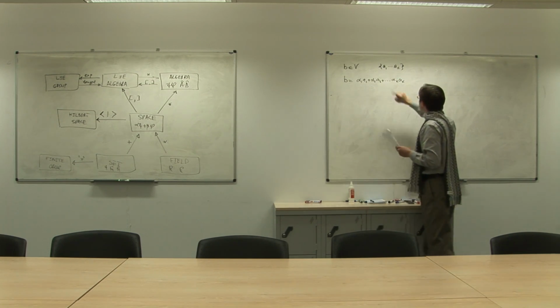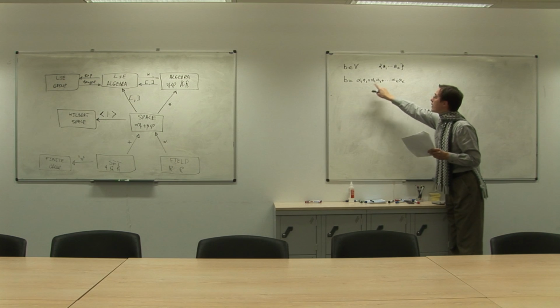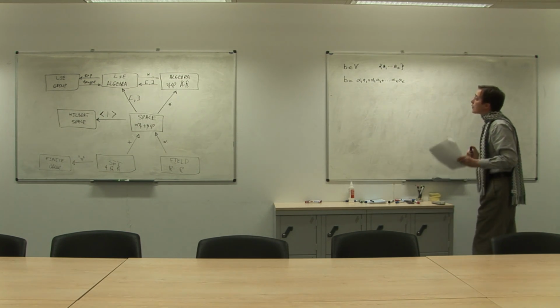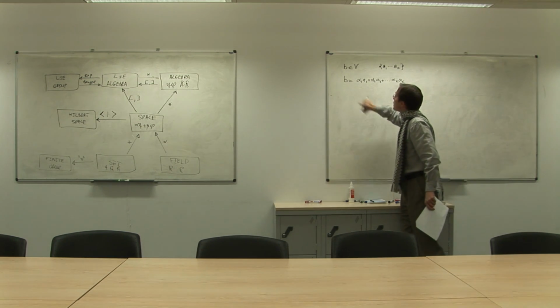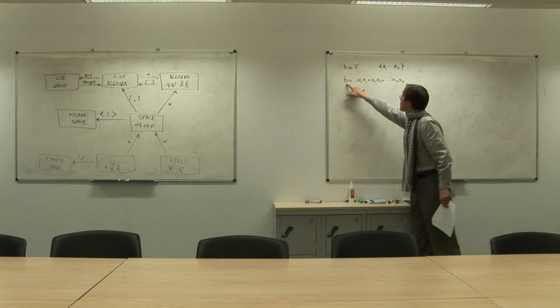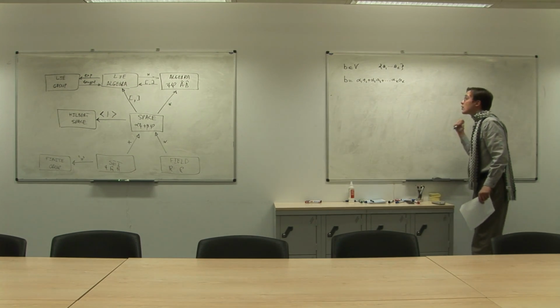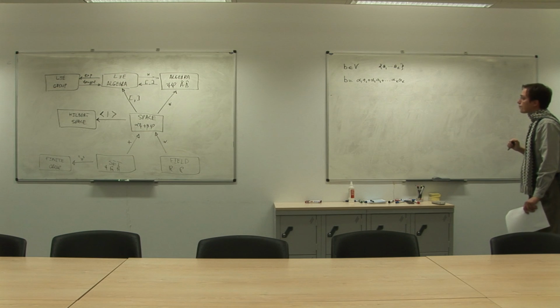So alphas live in our field and A's live in our space. And so if any element in V can be written out in this form, this is known as a linear combination.